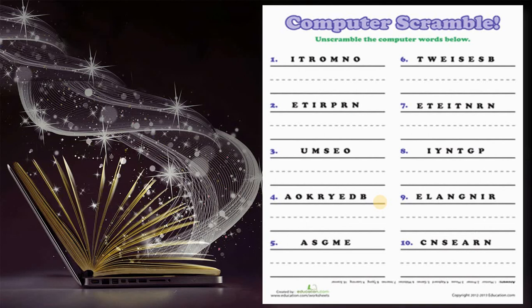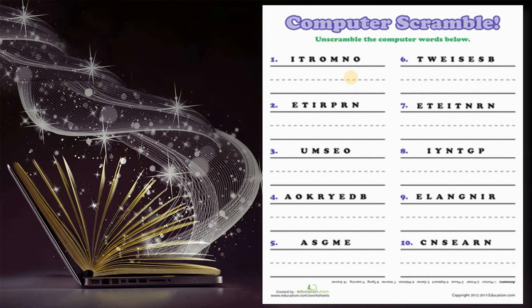See, the first one here: ITROMNO. How many letters? 3, 6 and 7 letters. So which is this word? ITROMNO. First of all, you have to remember the spellings. Which letters do we use, and in which spelling?